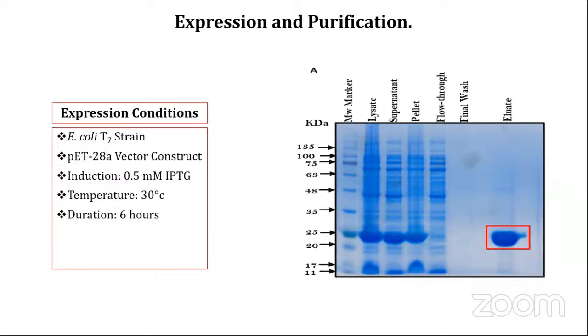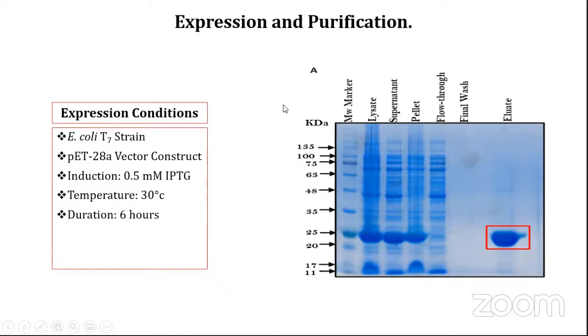Overexpression was induced with 0.5 millimolar IPTG, and incubation was at 30 degrees Celsius for 6 hours. We see that these conditions were successful, given that from the lysates we can see a thick band showing overexpression, which is also consistent in the supernatant and in the pellet.